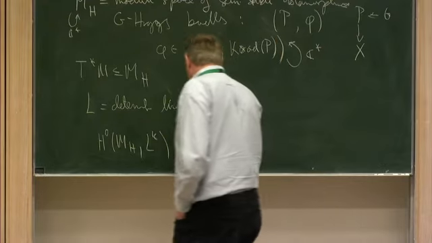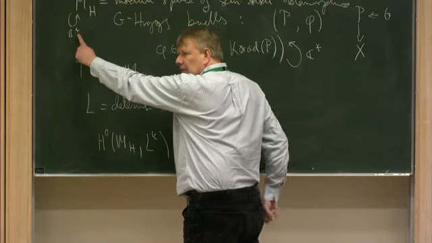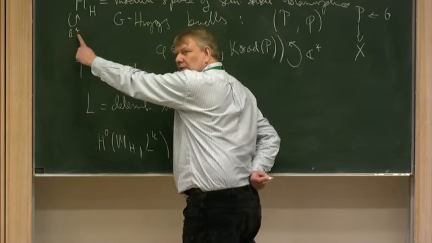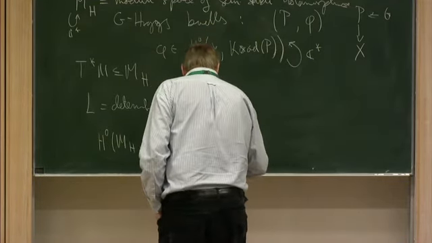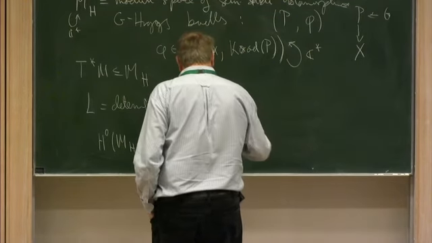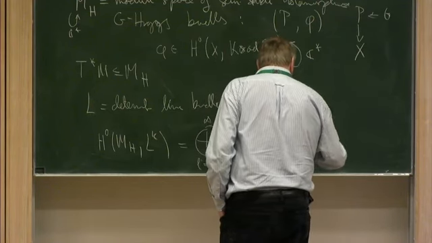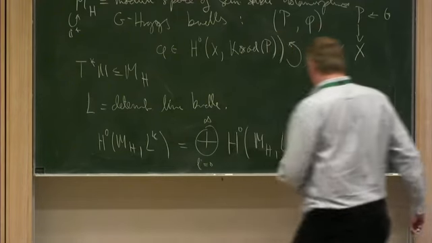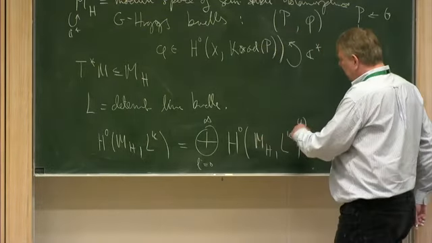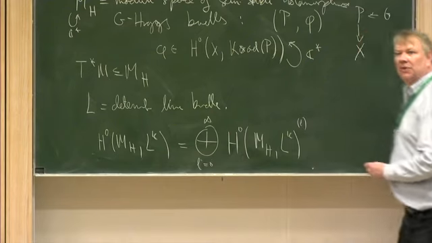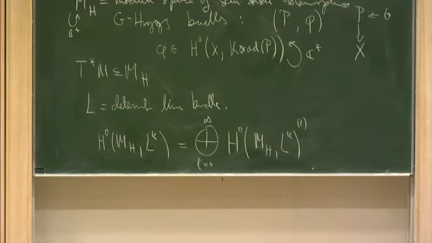But okay, that means that I can take this space and break it into the isotypical components under the C star action. And it turns out that there are no negative terms, so it becomes a sum, L equals 0 to infinity, of H0 of M_H, L to the k, and then up L here, and this just means the subspace under which the C star action acts as the Lth tensor power of the identity action of C star on C. So this is the eigenspace decomposition according to the C star action.